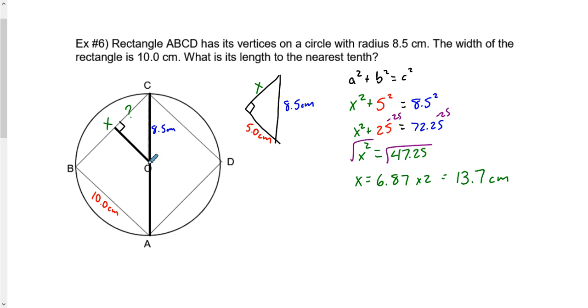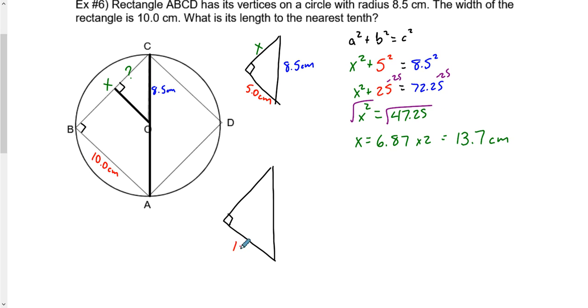Because I know that if we have any kind of angle that is inscribed on a circle that goes through the center, so that half circle, we're going to make a 90-degree angle there, which means we could also have a right angle triangle that looks like this. 8.5 is only the radius, so double of that will be 17 centimeters.